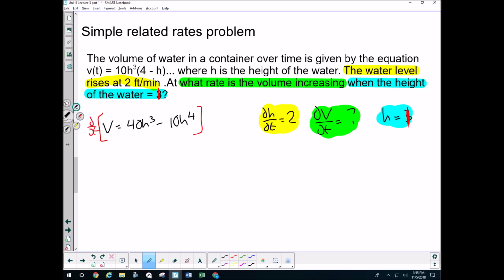Now the derivative of v would be dV dt. 40h cubed, 120 h squared dh dt. 10 times h to the fourth, that'd be 40 h cubed dh dt. Okay, writing down the information, taking a derivative. Now we just need to plug in our information and solve. I'm trying to find dV dt. I'm given h and dH dt. Go ahead and you guys do it while I do it.